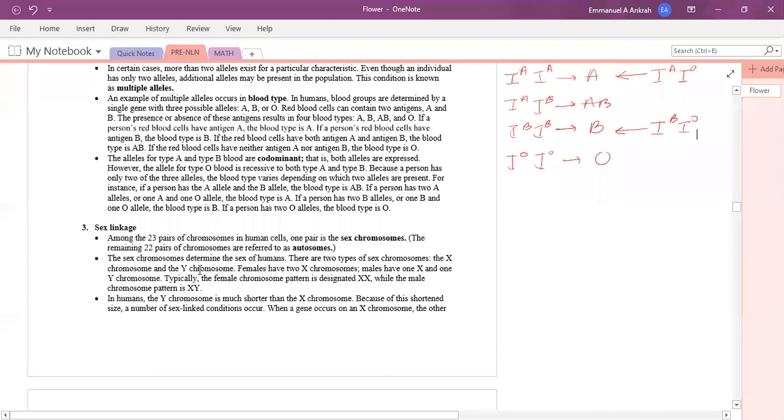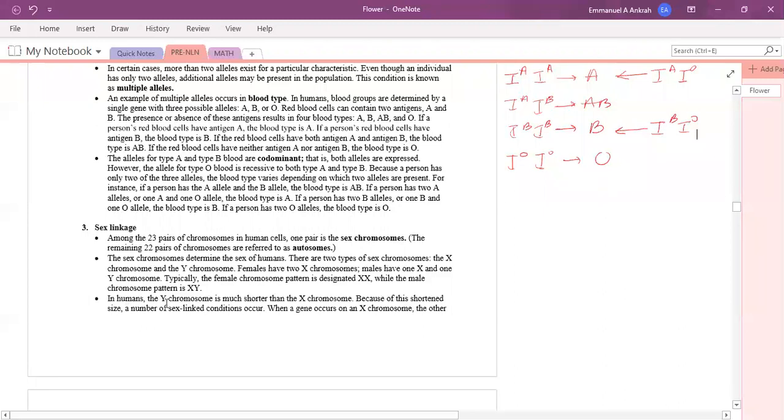Females have two X chromosomes, and males have one X and one Y chromosome. The female is designated XX, while the male is XY. We inherit one from each parent.